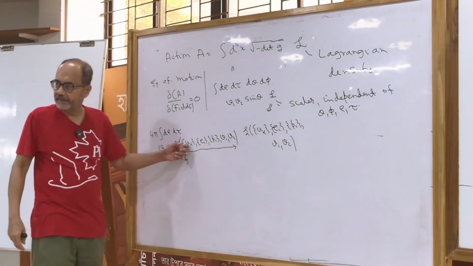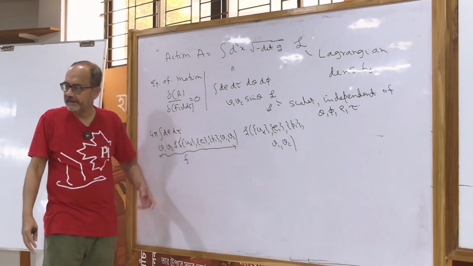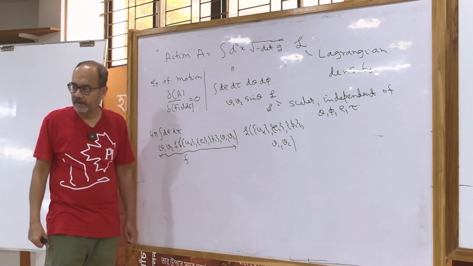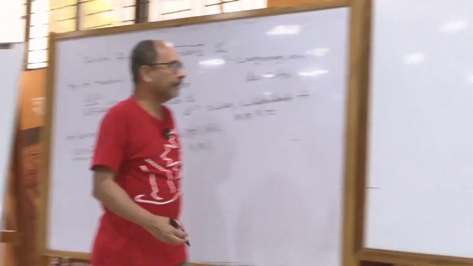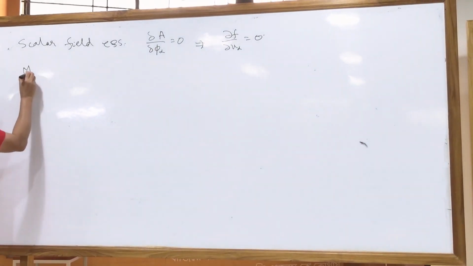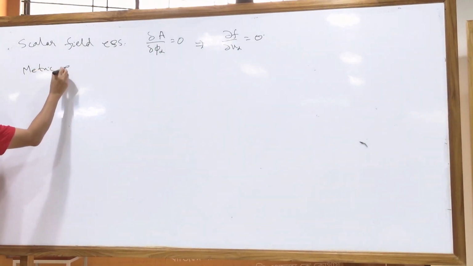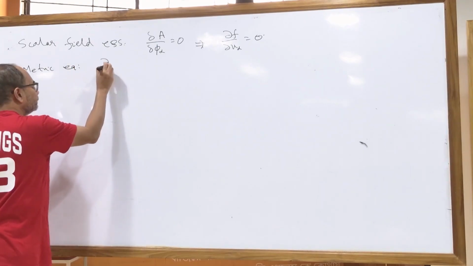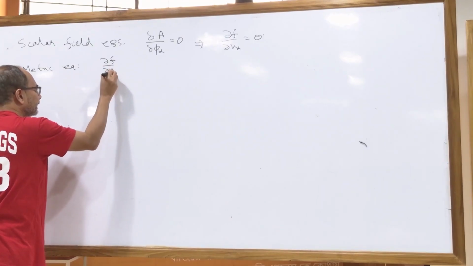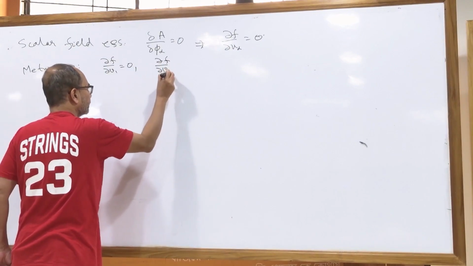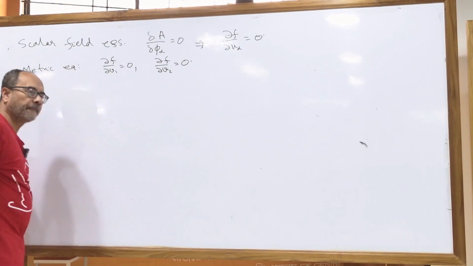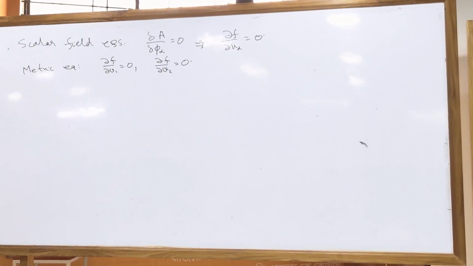Okay, and let's take a derivative with respect to u alpha, set it equal to 0. That's what is supposed to determine u alpha in the linear horizon geometry. Similarly, the metric equation will be del f del v1 equal to 0 and del f del v2 equal to 0. Because v1 and v2 are the two degrees of freedom of the metric, right?